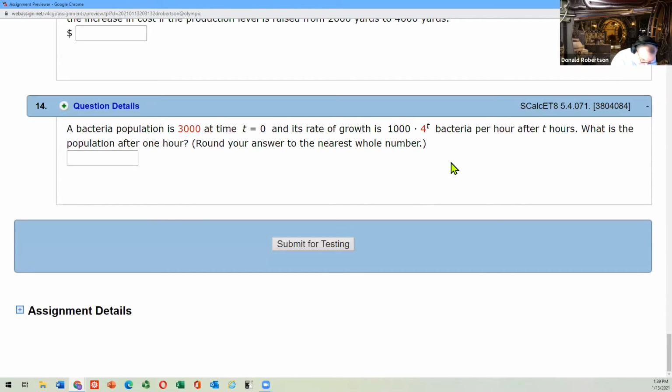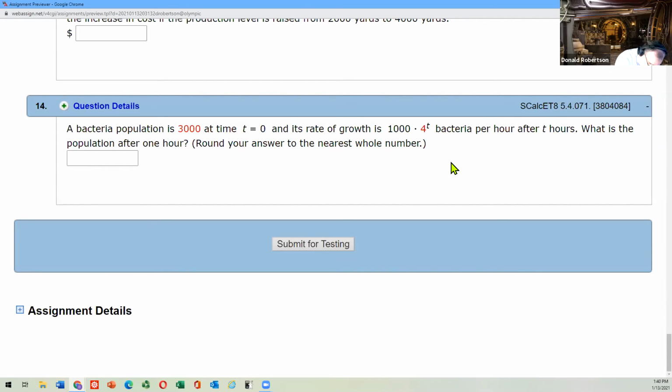The rate at which bacteria grow is given by 1,000 times 4 to the power of t. A bacteria population is 3,000 at t equals 0. So you're telling me that the population at time 0 is 3,000.